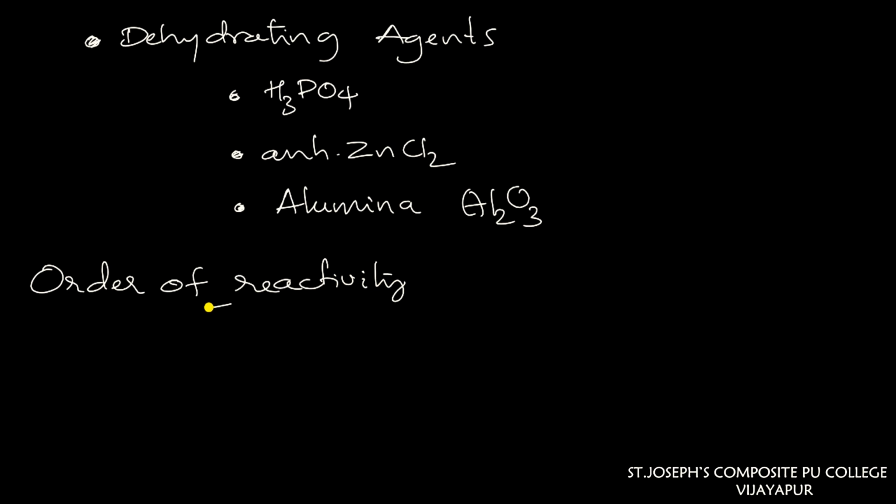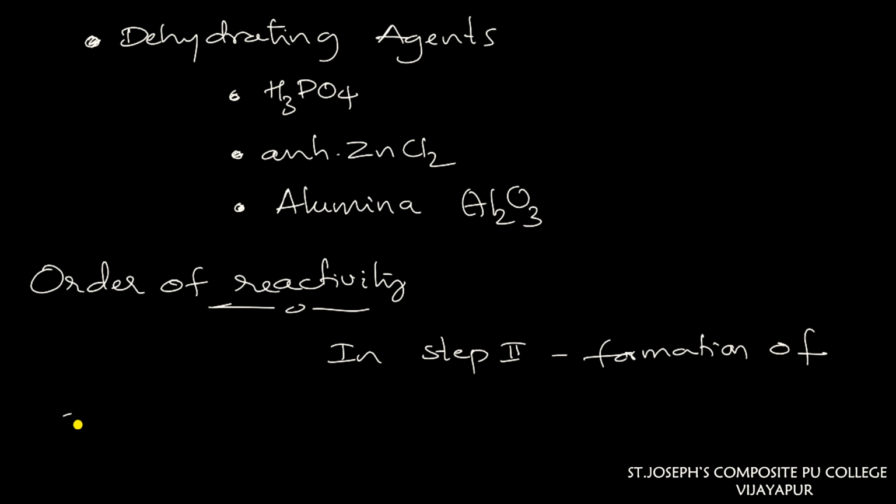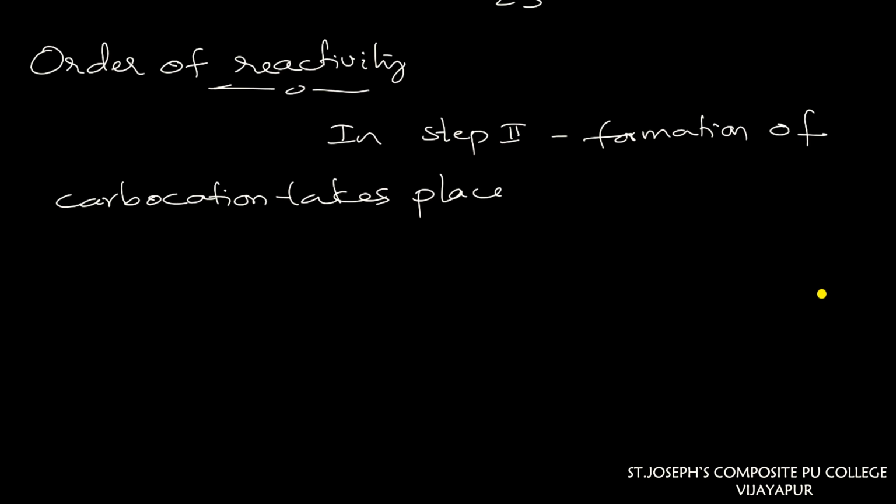In step number 2, you just notice that formation of a carbocation takes place, and on that basis we can predict which degree of alcohol is more reactive. Tertiary carbocations are more stable than secondary, which are more stable than primary. That is the stability of carbocations.